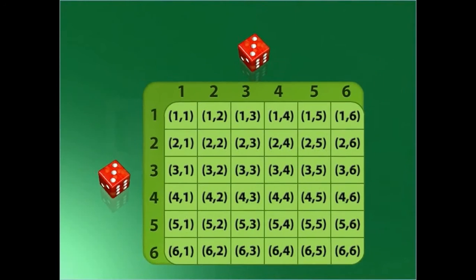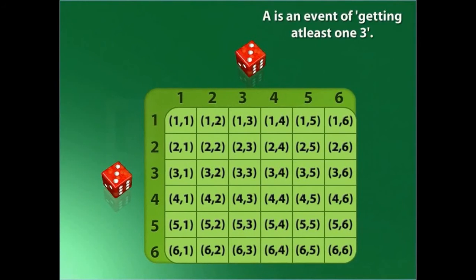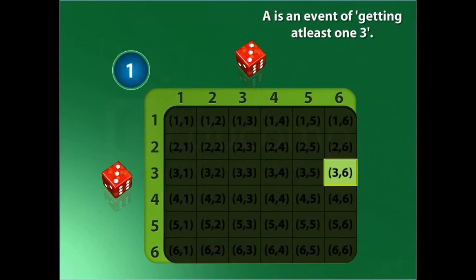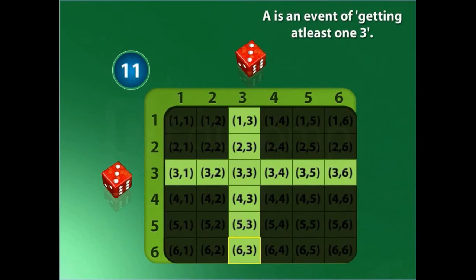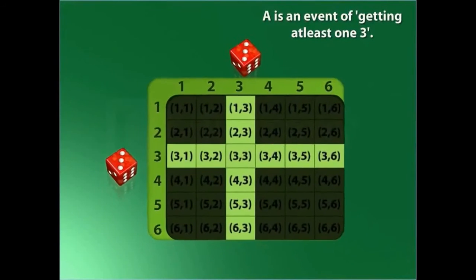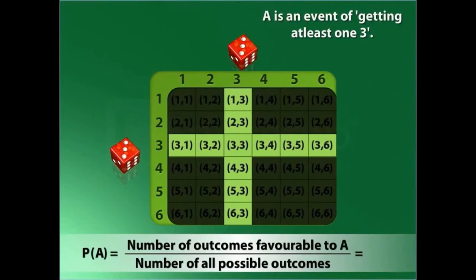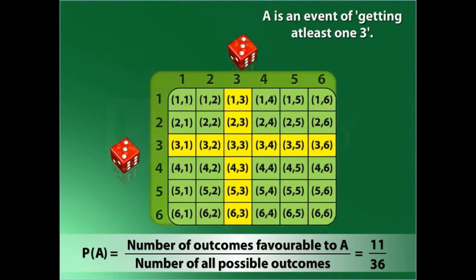Now, consider an event A of getting at least 1 3 on a dice. There are total 11 such outcomes favorable to event A. Thus, the probability of event A is 11 upon 36.